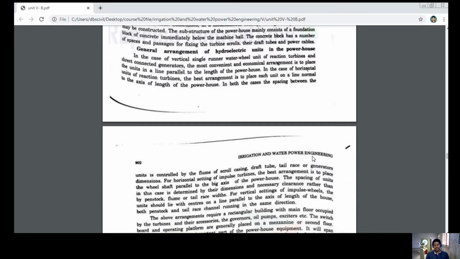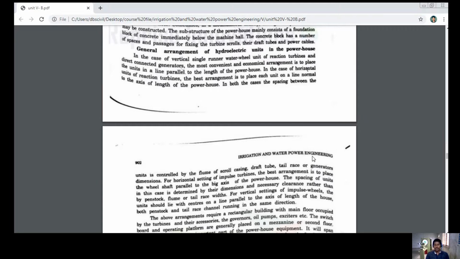In the case of horizontal units of reaction turbines, the best arrangement is to place each unit on a line perpendicular to the axis of length of the powerhouse. In both cases, the spacing between the units is controlled by the scroll casing, draft tube, tail race or generator dimensions.